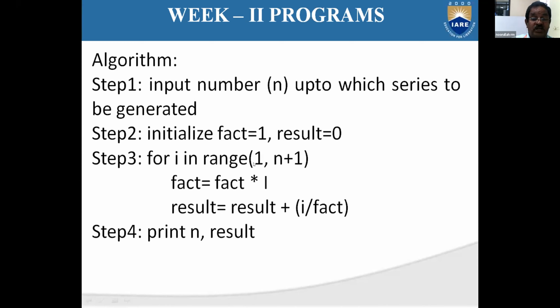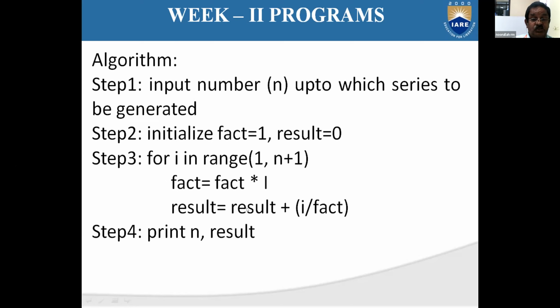If i is 2, then it will be fact into 2, that is 2 into 1, so it will become 2. Next, factorial 3 is 3 into 2 into 1, so now the fact value will become 6. Like that, the latest values of fact are going to be stored.